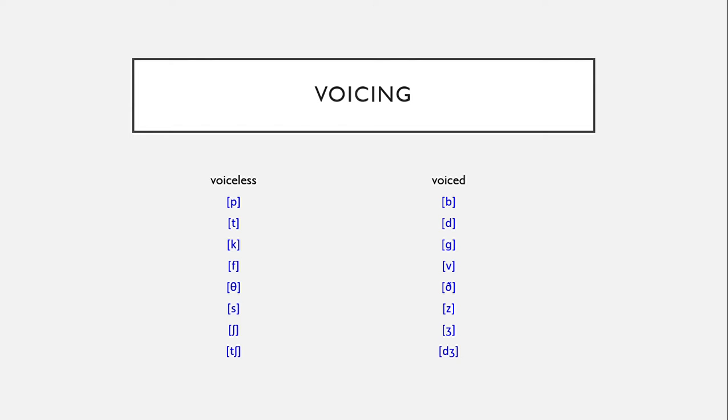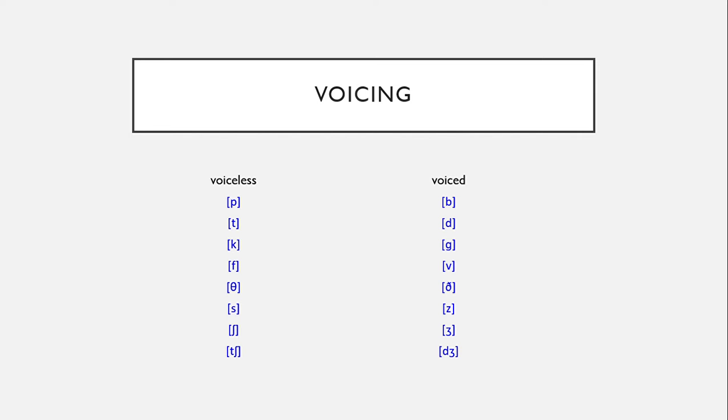When I say p, first I have to keep my fingers on my Adam's apple. You can easily find that organ of speech in males, because it sort of bumps out in males. You put your fingers there and say the sound p.